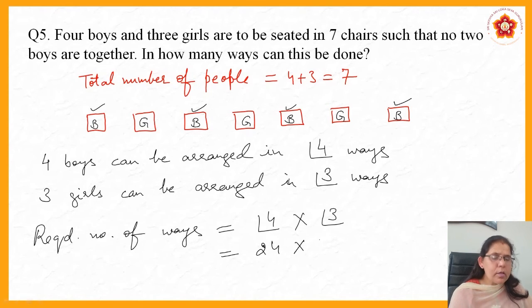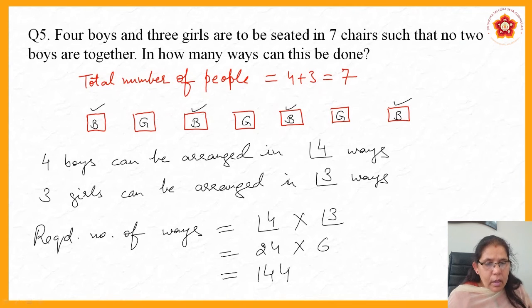Now solve this. Factorial 4 is 24. Factorial 3 is 6. Multiply it, you will get 144. Required number of ways in which 4 boys and 3 girls can sit on 7 chairs such that no 2 boys are together is going to be 144.